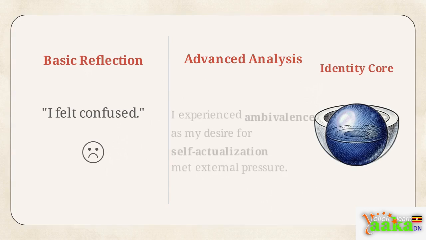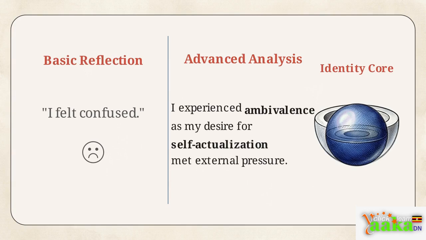A high-scoring essay transforms that exact same feeling into, "I experienced ambivalence as my desire for self-actualization met external pressure." Notice how specific terms do the heavy lifting here. Words like ambivalence and self-actualization act as direct tools. They explicitly link a vague internal feeling to the concrete external pressures we mapped on our identity core.